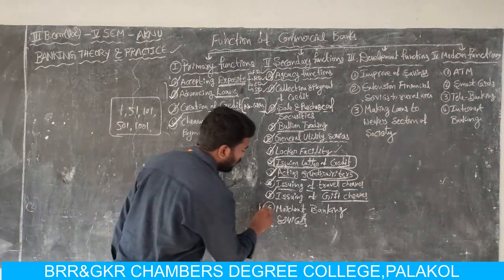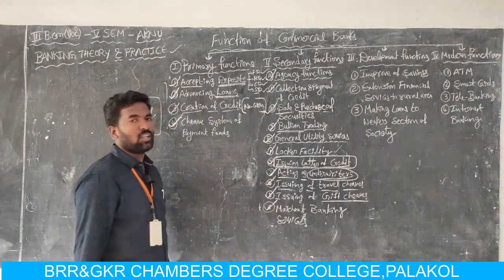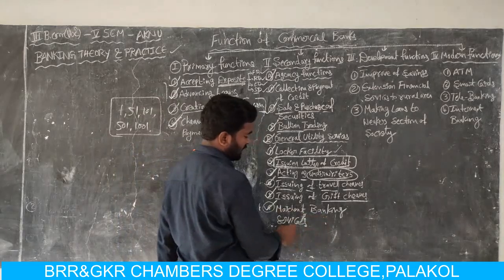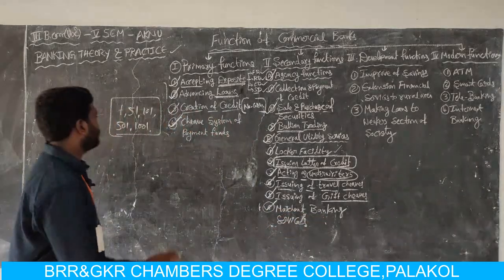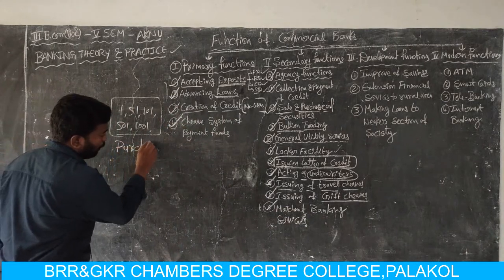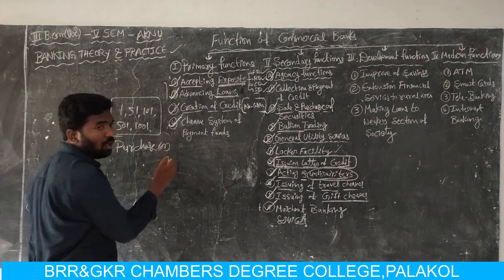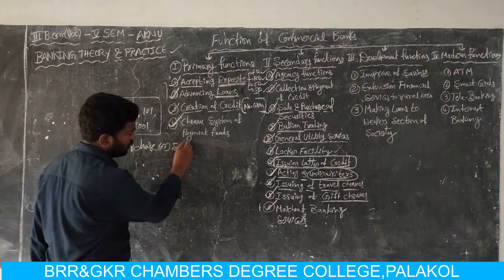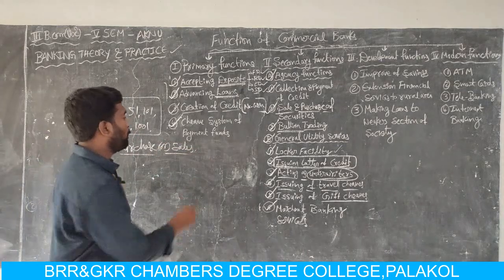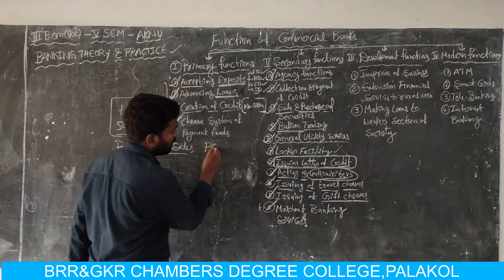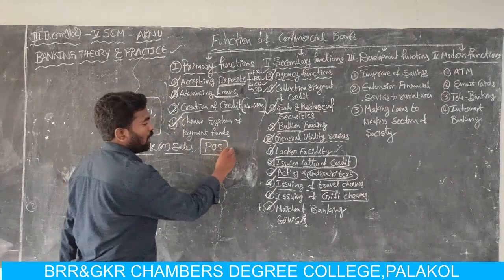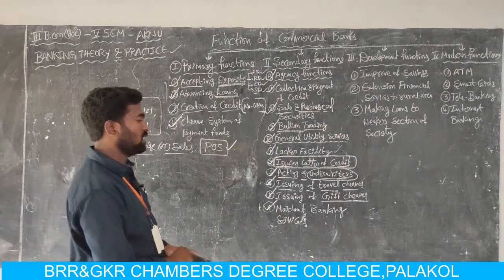Then last one, in general utility services, merchant banking services. Merchant means purchase or sales. Purchase or sales through POS. POS means point of sale, like swiping machines, that type.